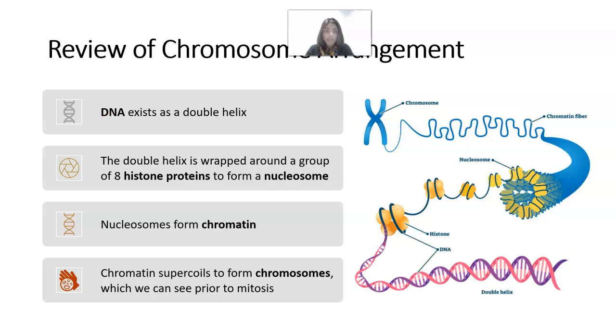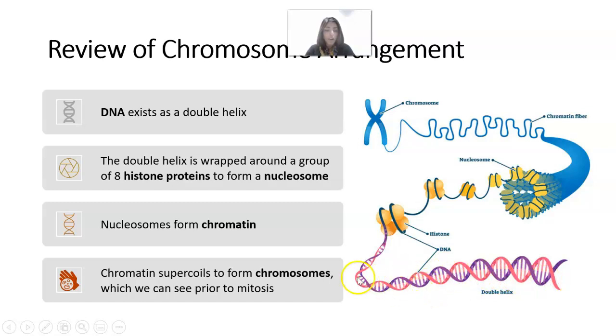Now, I'm just going to take a moment to review the arrangement of the nuclear material in eukaryotes. We know that DNA exists as a double helix, which we can see at the bottom of this cartoon here, and that double helix is a large molecule.